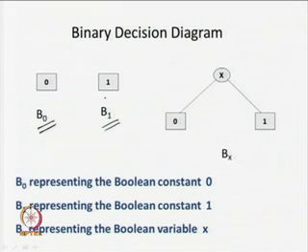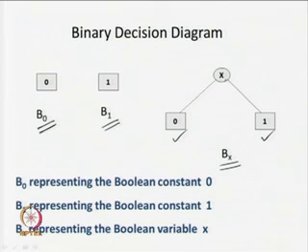Another BDD we have represents any Boolean variable. If we label it by x, then this is the BDD for the Boolean variable x, and we call it Bx. It has two outgoing edges, one dashed and the second solid. The dashed line points towards the Boolean constant 0, and the solid line points towards the Boolean constant 1.